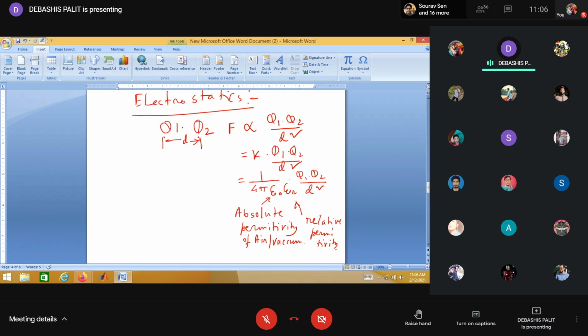In case of air or vacuum, the relative permittivity epsilon r is 1. You know it very well from your 10 plus 2 standard.